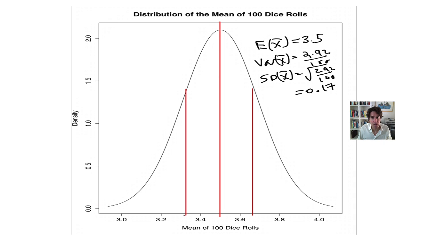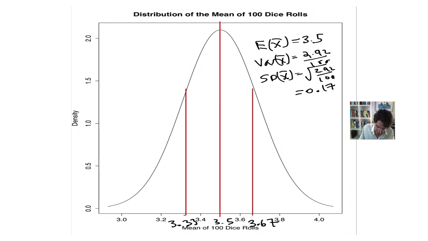So let's picture it on this graph. In the middle, we have the expected value, which is 3.5, and then one standard deviation in the positive direction from the expected value is 3.5 plus 0.17, which is 3.67, and one standard deviation below the expected value of the distribution is 3.33.